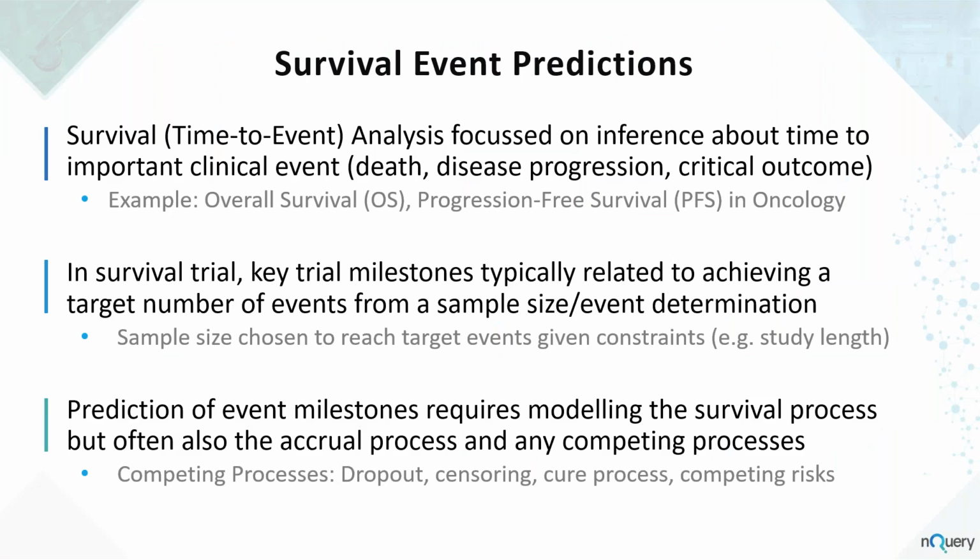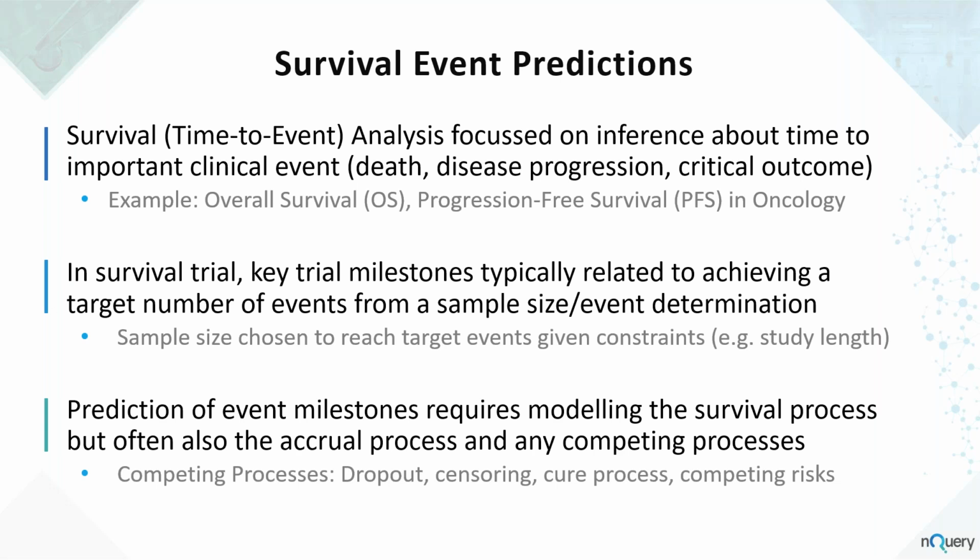And in terms of competing processes, this could be anything relating to dropout, censoring, cure processes, competing events, anything that basically means that subject will not be available to make inference about for the purposes of the power calculation, for the purposes of the survival analysis model. So it's important to note that what that other event is doesn't really matter unless you're planning, for example, in the case of a cure model, to include those people somehow in the final inference.